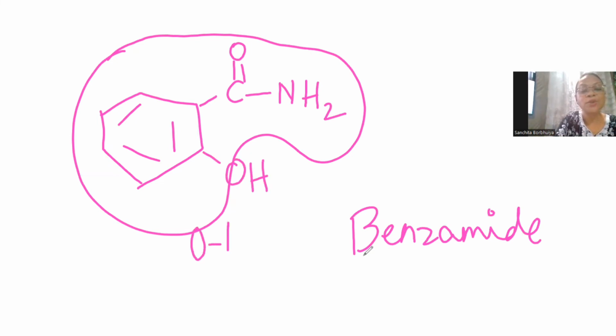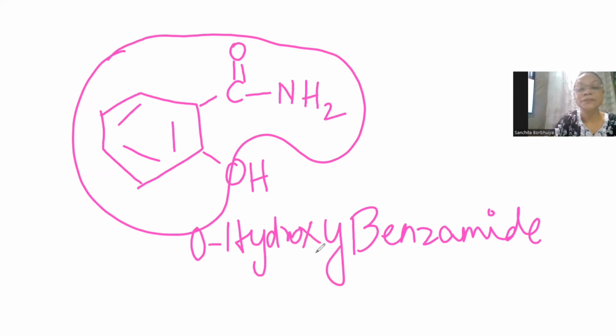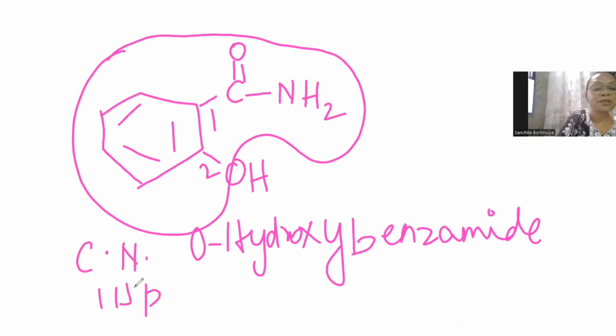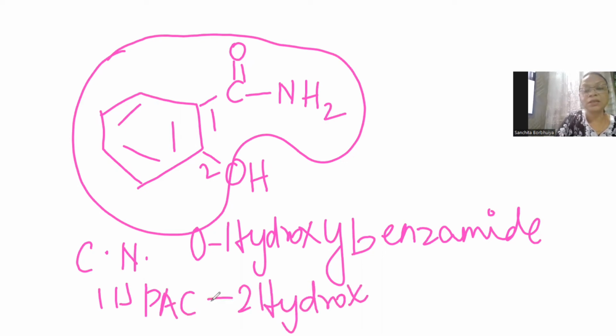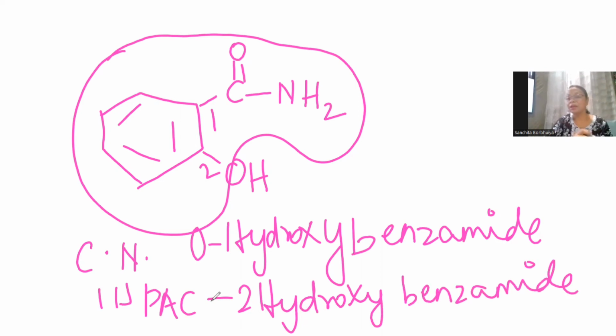So this is ortho-hydroxybenzamide. And once again, the IUPAC name of this compound is 2-hydroxybenzamide. Though we have covered most of the groups which are higher in priority compared to OH, this discussion can be endless.